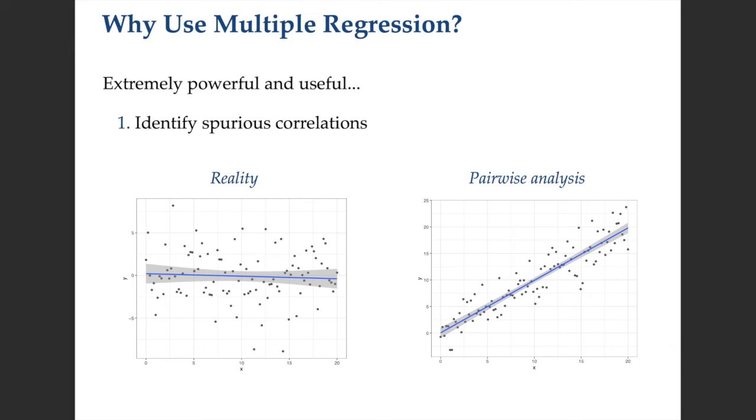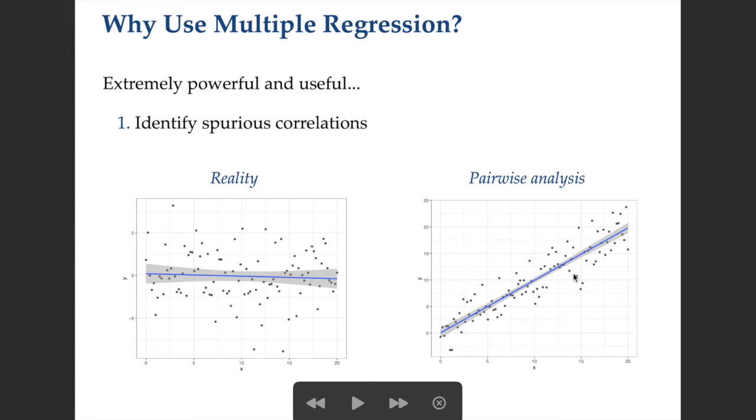One of the main benefits of using multiple regression is that it can allow us to identify spurious correlations. These are correlations between two variables that don't really exist. They look like they're there, but they're not really there. Maybe when we look at a pairwise comparison of two of our parameters, it might look like there's a strong relationship between them, but maybe in reality there isn't one.